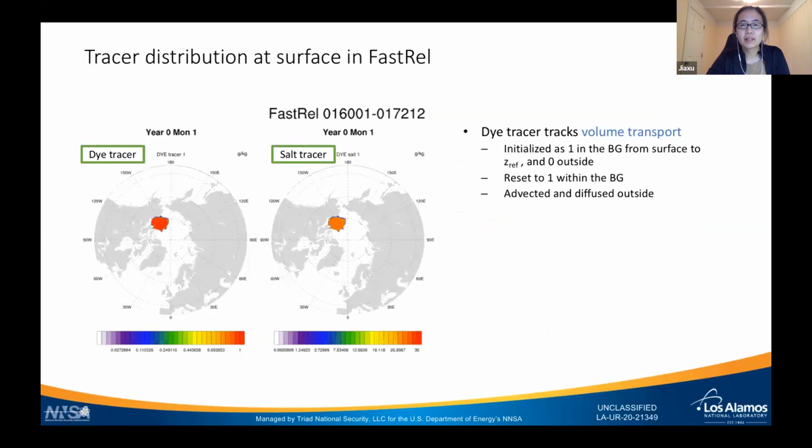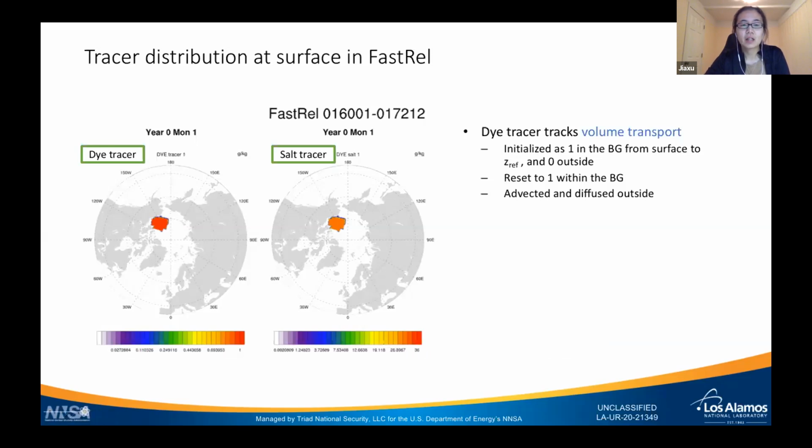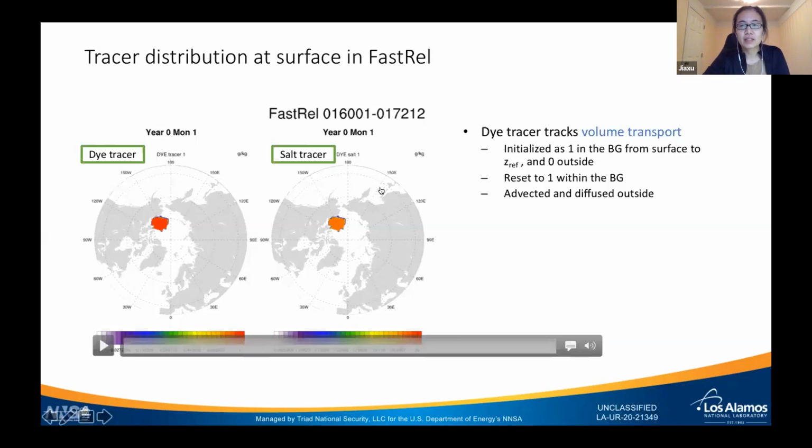We implemented 2 types of tracers in the model. The first one is a dye tracer, which we use to track the volume transport. It's initialized as 1 in the Beaufort Gyre region from the surface to the depth of the reference salinity, so it's like a 3-dimensional volume of water, and it's 0 outside.